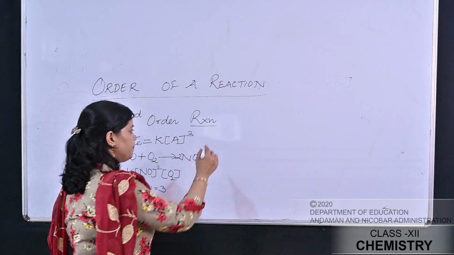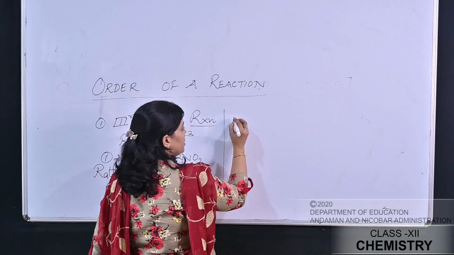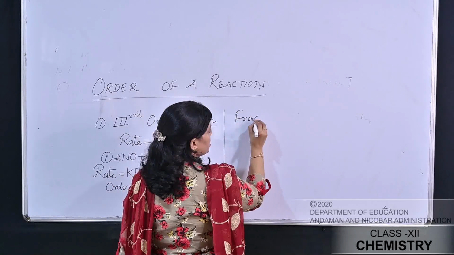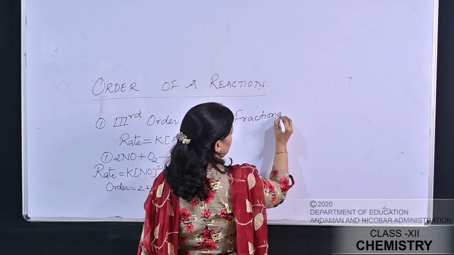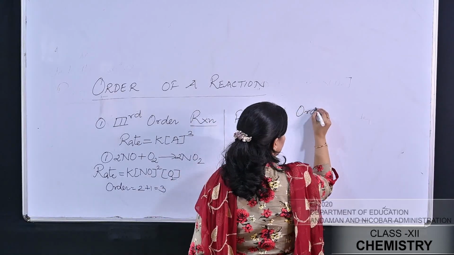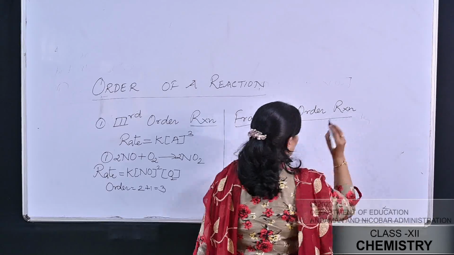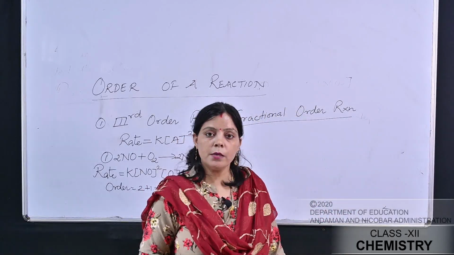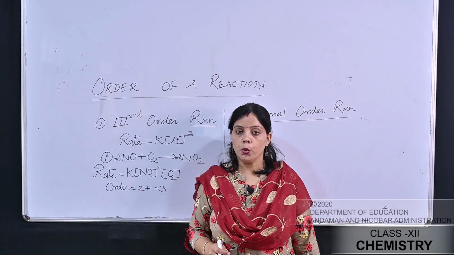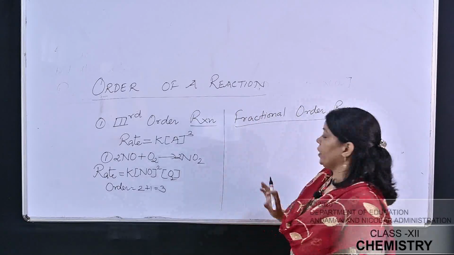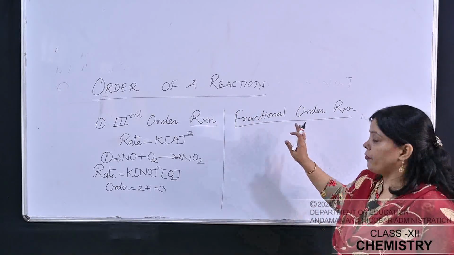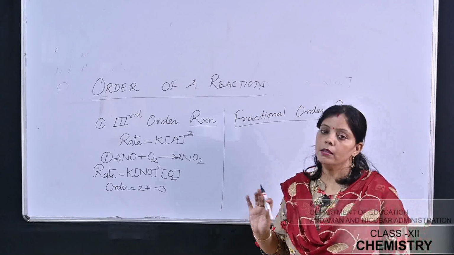Okay, after that we come to the next, that is fractional order reaction. Since the order of the reaction is determined experimentally, the order of the reaction may be in fraction form or it may be 0.